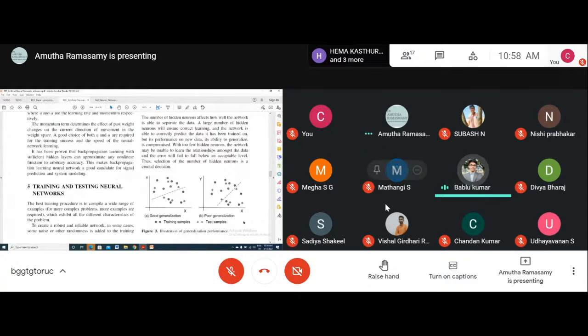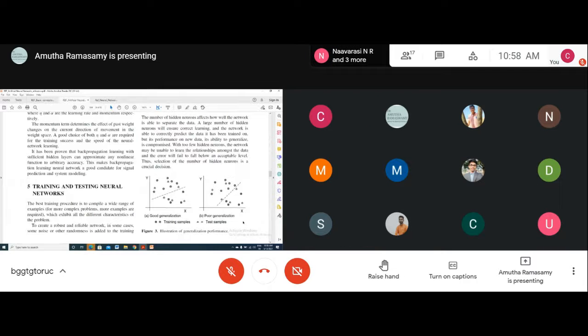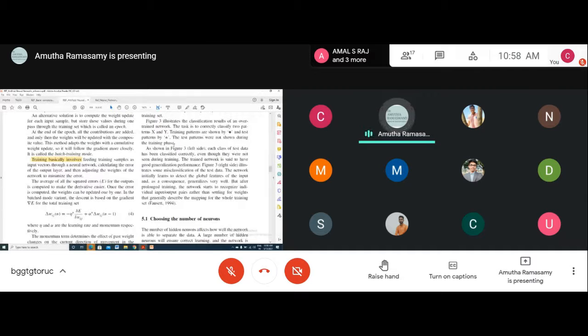Now I'm coming to this. The trained network is said to have a good generalization performance. And in the right side illustration, there is some miscalculation of the test data. The network initially learns to detect the global features of the input, and as a consequence it generalizes very well.